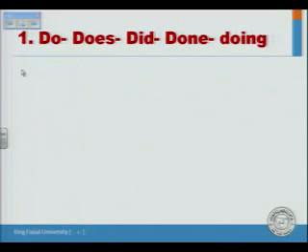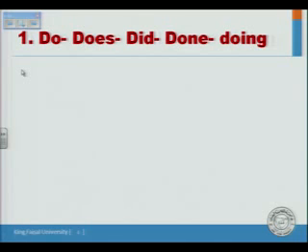The first element that I'm going to explain is called do support, and we mean by support that we use the helping verb do to help us in forming questions and in writing the negative form of a sentence. Be careful that do is used in 2 situations.